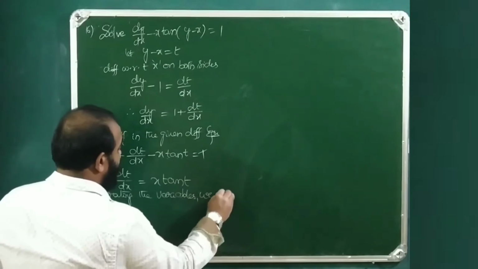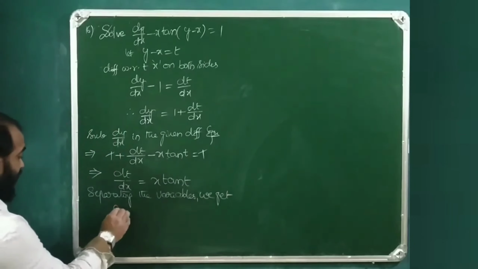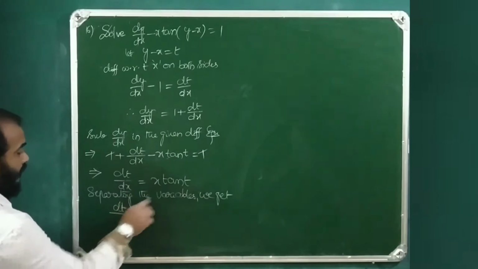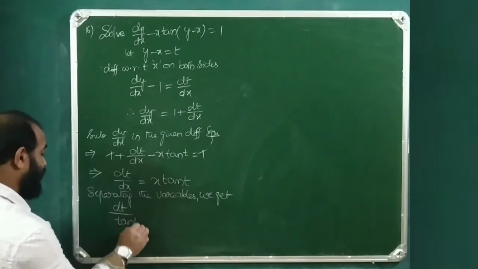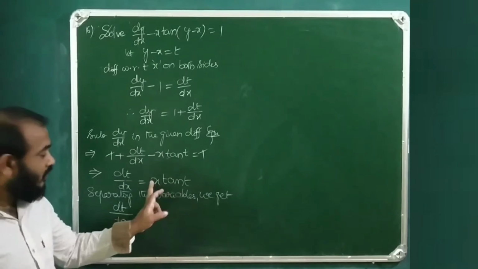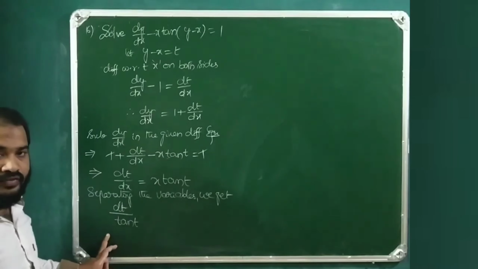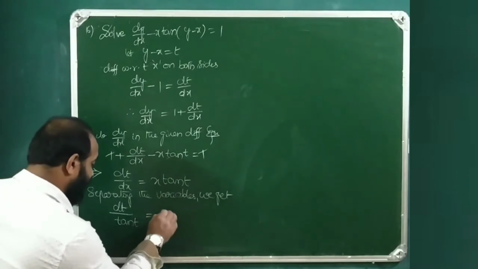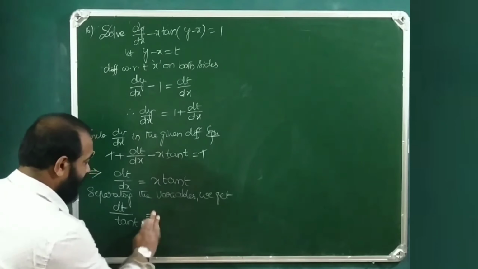we get dt by tan t, because tan t is multiplying with the x, and if you bring it here, it will be dividing, equals x dx.